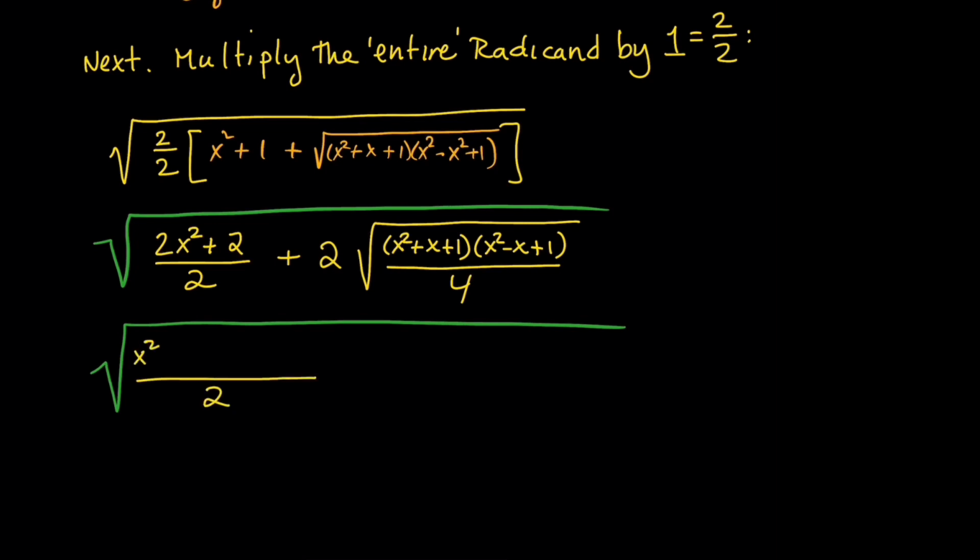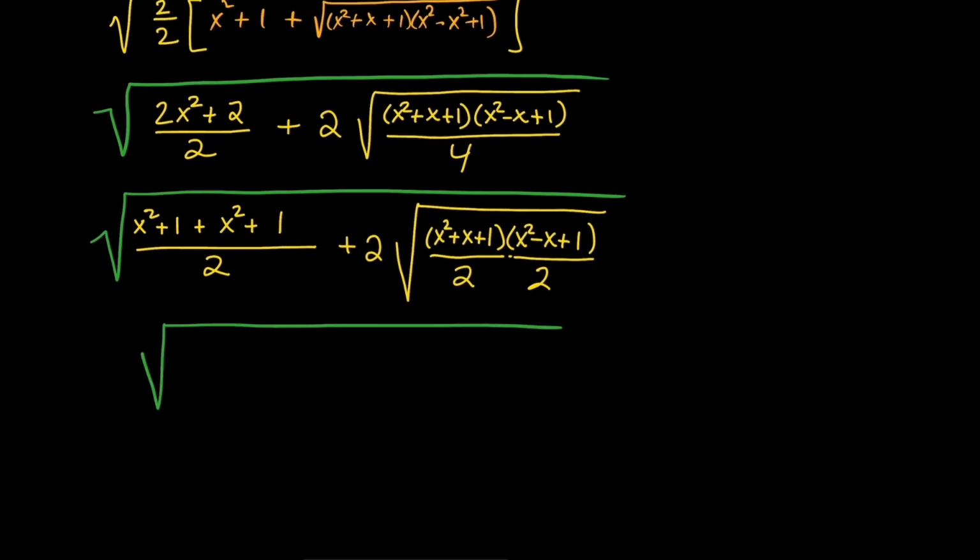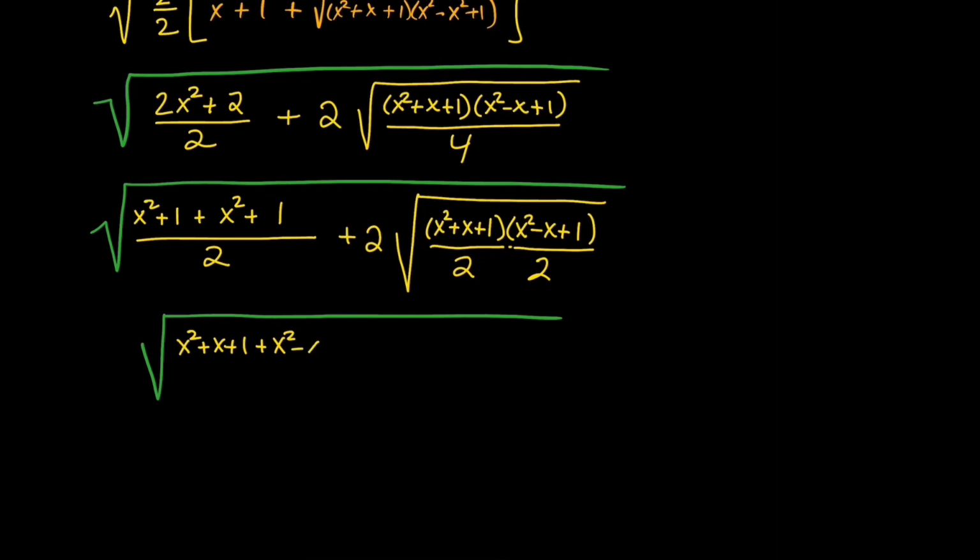Now, next we're going to split up 2x squared into x squared plus x squared, and 2 into 1 plus 1 in that first fractional part of the radical. And we're going to split the 4 up in that other radical as 2 times 2. Next, we're going to add and subtract x to the numerator of that fractional part of the radical.